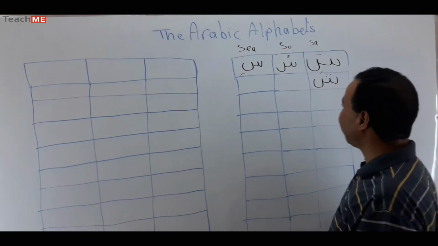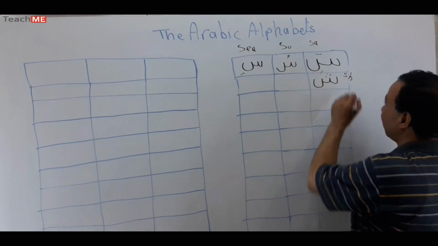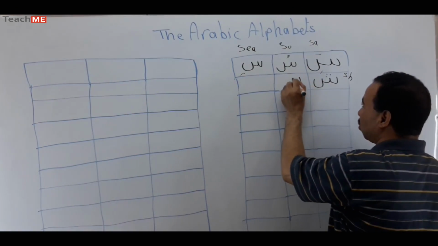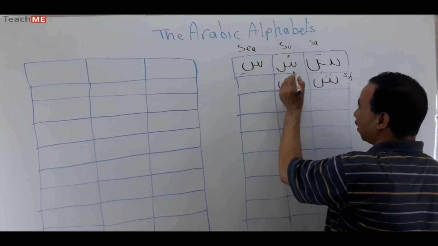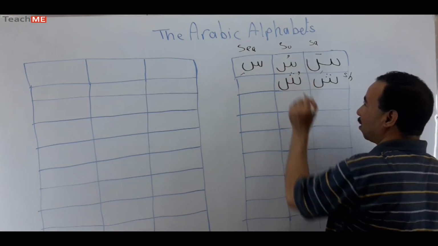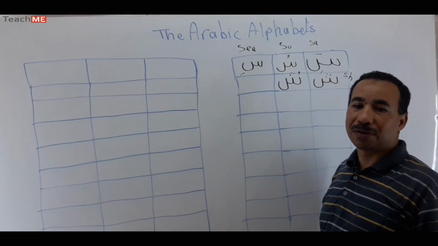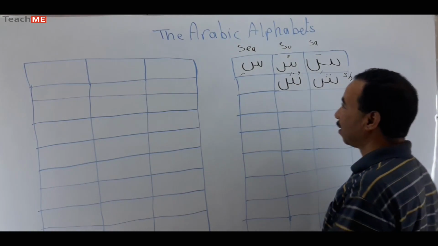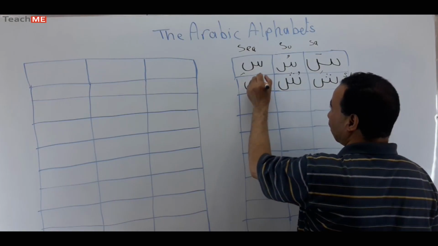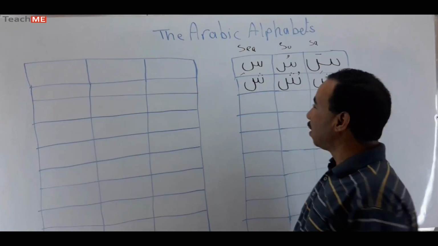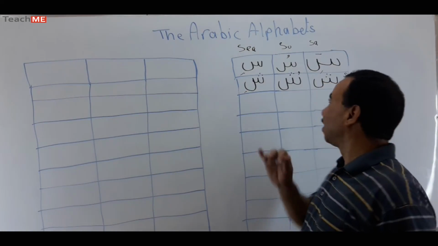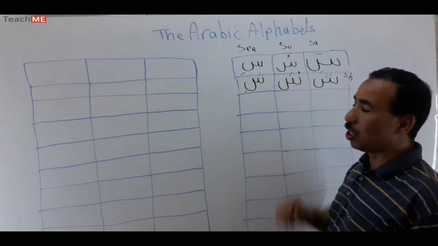If we put dhamma, we get shu. And with kasra, we get shee. Sha, shu, shi.